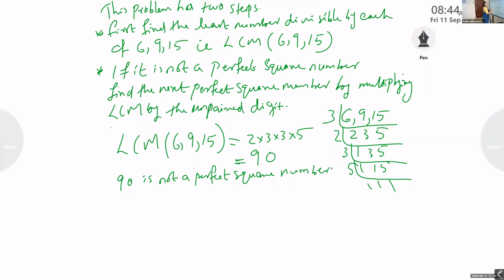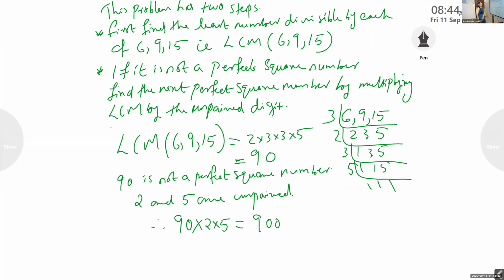Which are the numbers that are unpaired? 2 and 5 are unpaired. Therefore, multiply 90 into 10. That is 900.